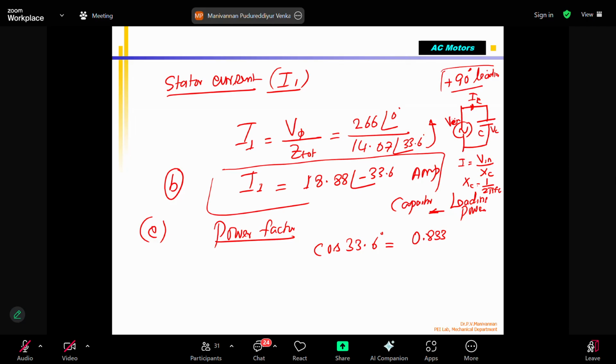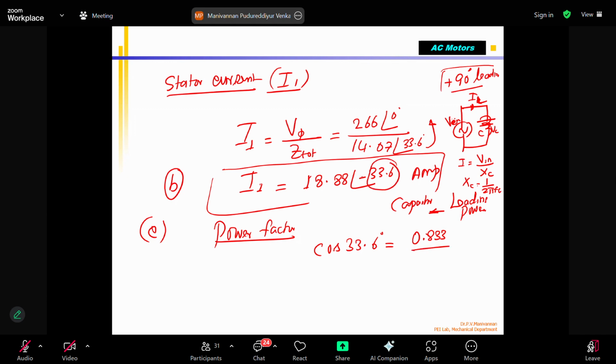So in case of an inductor, instead of the capacitor, I am having an inductor coil. The power factor is a lagging power factor. So this minus sign represents lagging power factor, but if the sign is plus, it is called leading power factor. The value is cos of this angle. Cos of this angle is the power factor.